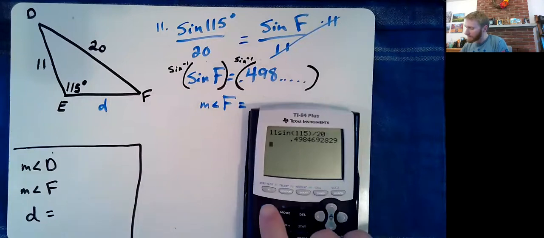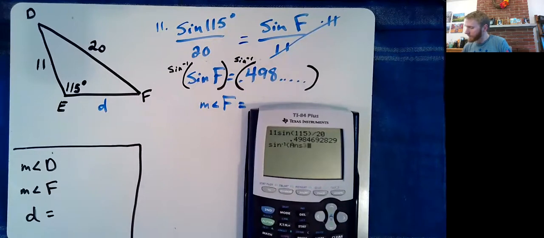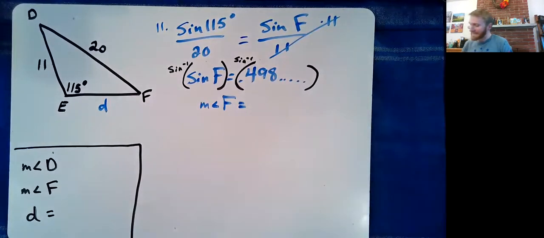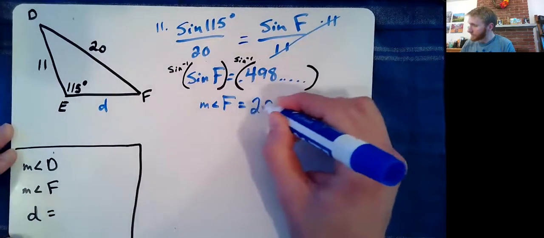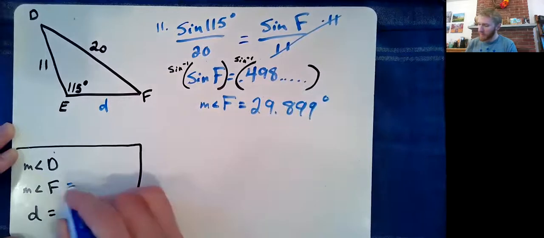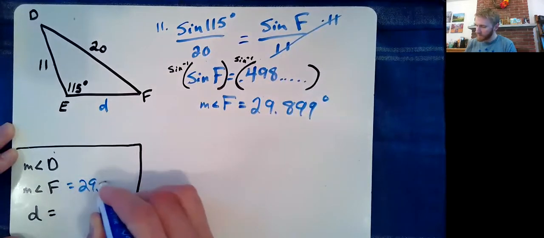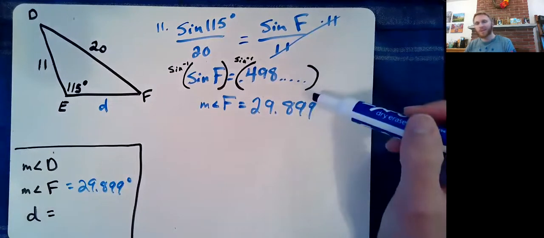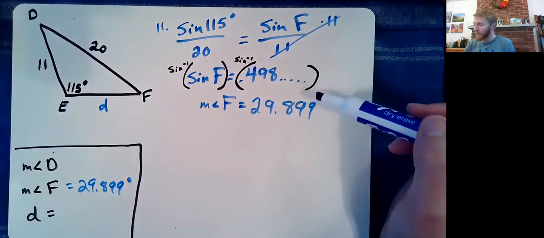I'm just going to hit second sine, so that's sine inverse of the previous answer. So I'll hit the previous answer. And that gets me that value of 29.899. That's the measure of angle F. Great. That's the one difference here: you have to do sine inverse when you're solving for an angle.